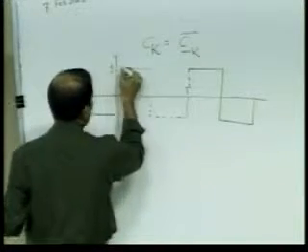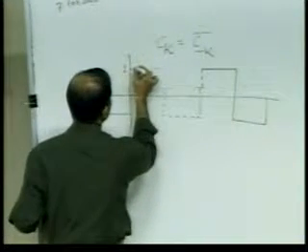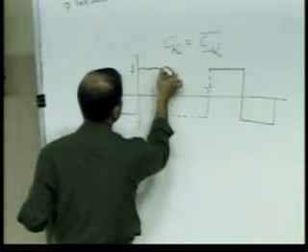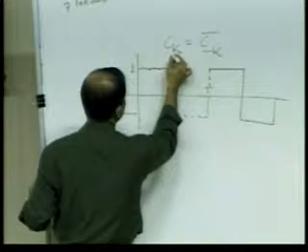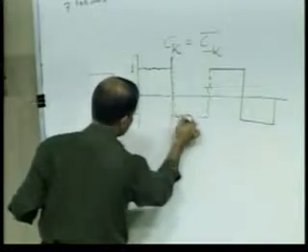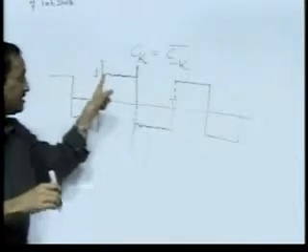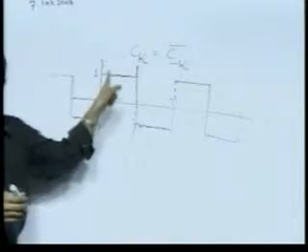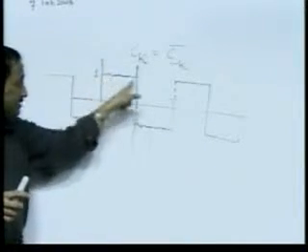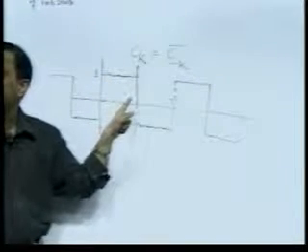If you increase the terms further, this is what you will observe: very small oscillations here. When you increase the number of terms, these oscillations in this part of the function reduce.